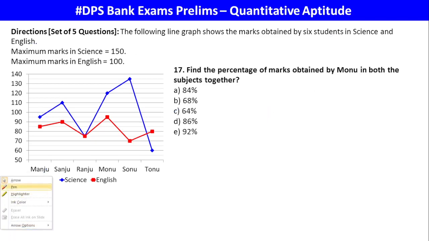Then next one, find the marks obtained by Monu in both subjects together.